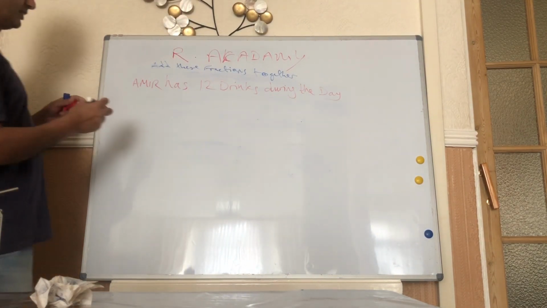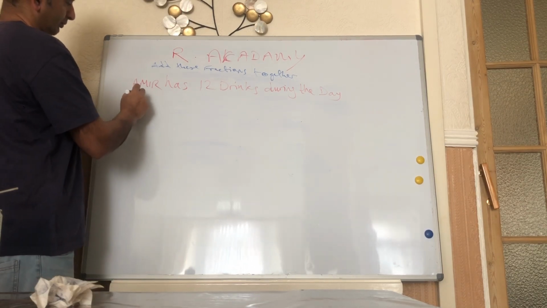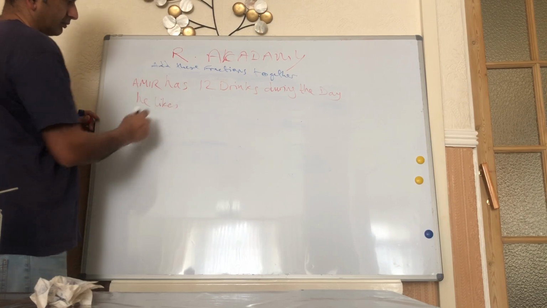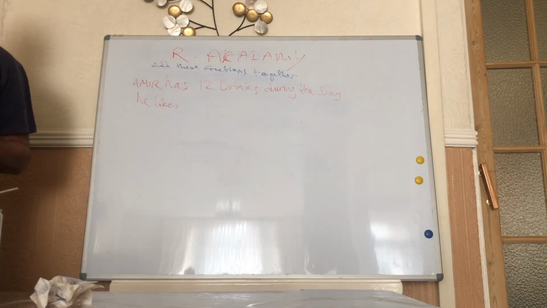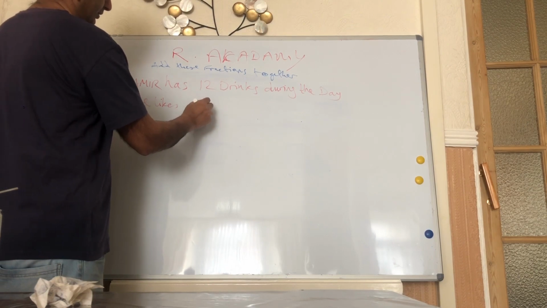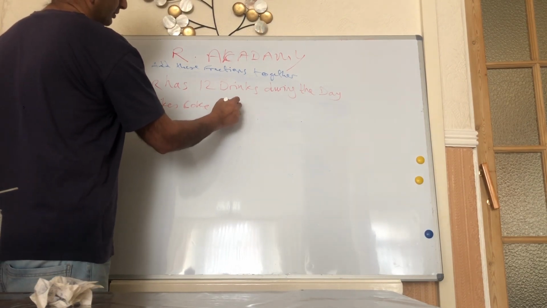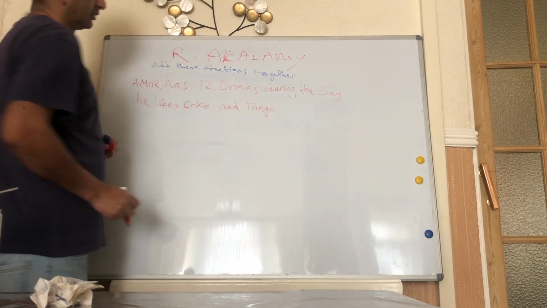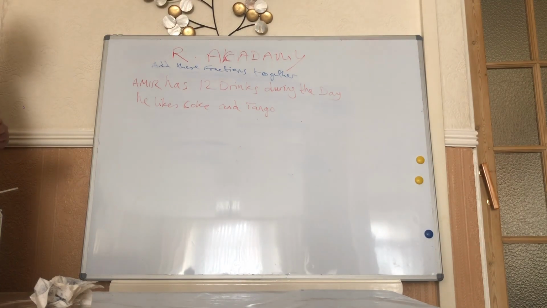Now, he likes, what does he like? He likes Coke and he likes Tango. So basically, there's 2 types of drinks that he likes, but they're saying there's 12 drinks altogether.